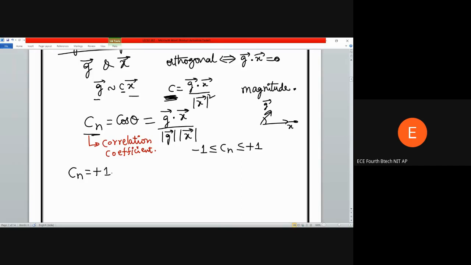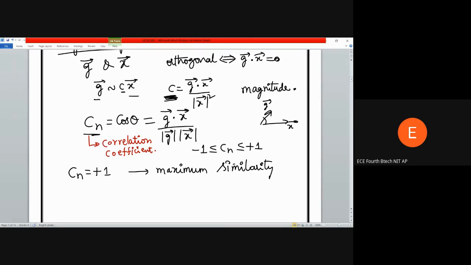So we have maximum similarity when Cn is equal to +1, meaning these two vectors are similar. The same concept will apply to signals as well. Hold on for a while, because we'll be moving to signals very shortly.